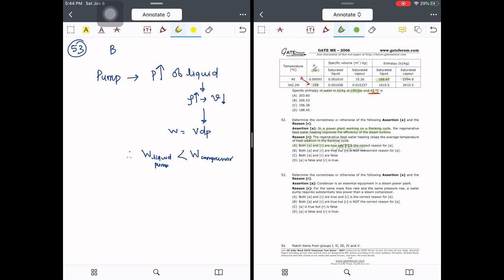Now, for the same mass flow rate and same pressure rise, the water pump requires substantially lesser power than the steam compressor. Water pump requires lesser power? Absolutely, yes.